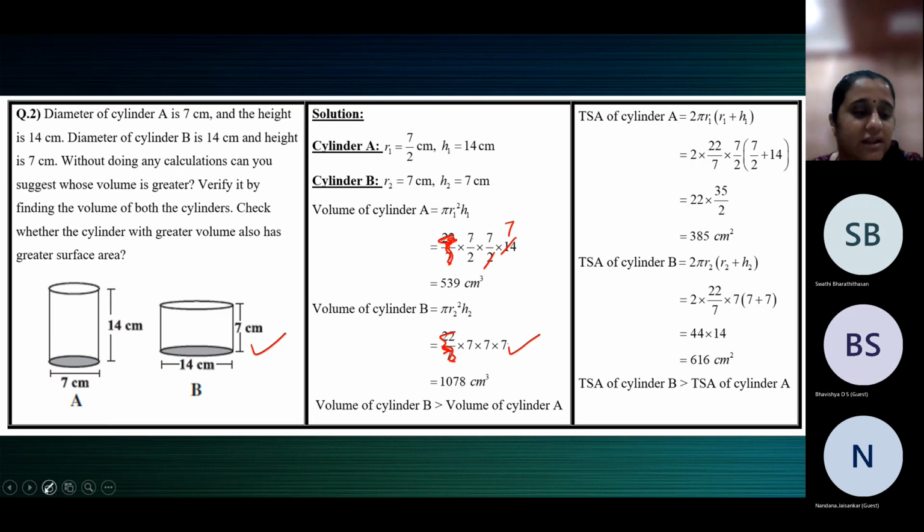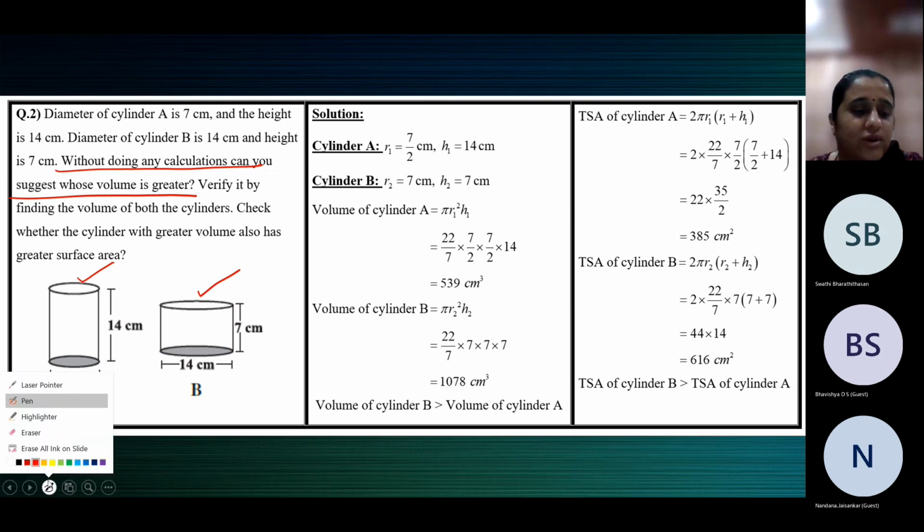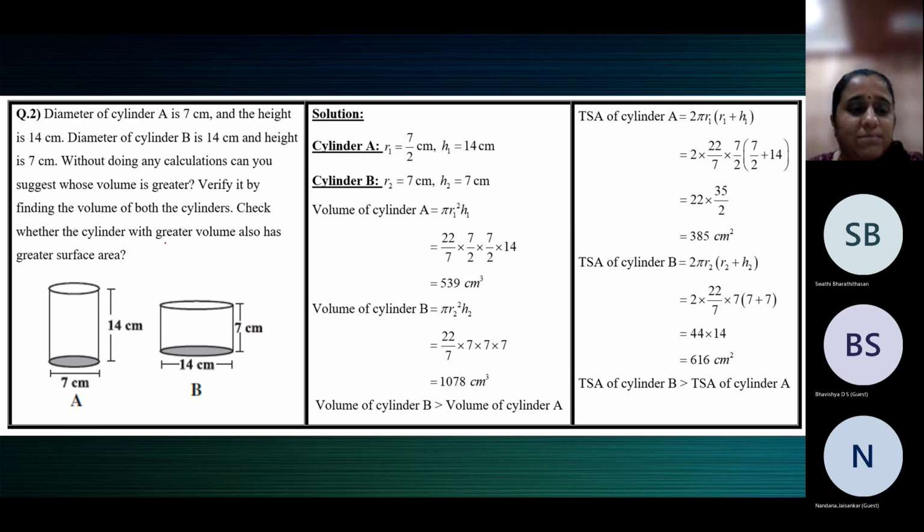I'll tell you once again. Without doing any calculations, can you suggest whose volume is greater, cylinder A or cylinder B? For that, don't use pi, simply work r square h. The diameter is 7, so the radius is 7 by 2. r square is 7 by 2 into 7 by 2, into h, 14.